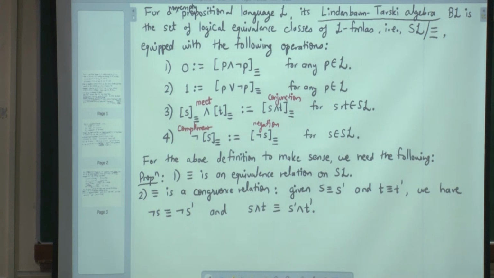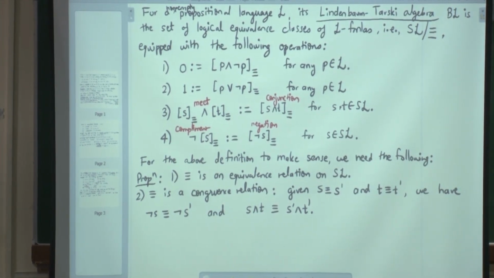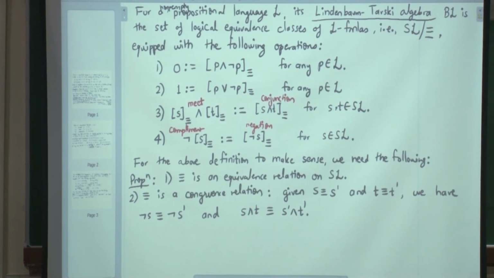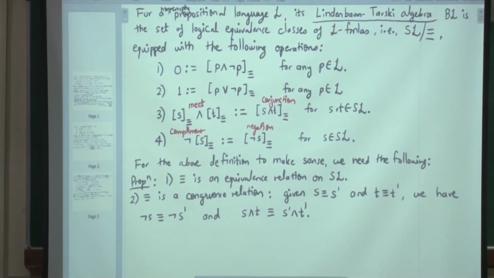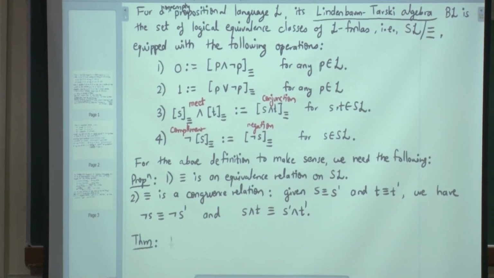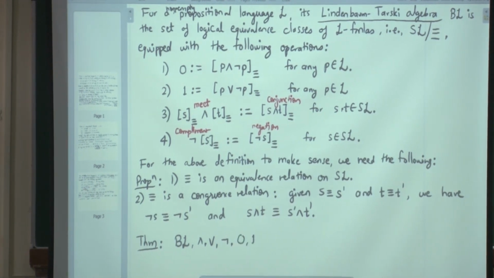Okay, so right now we know the Lindenbaum-Tarski algebra, which we will call BL. So this is in fact a Boolean algebra. Maybe I should write that theorem. Because of this proposition, BL with meet, join, negation, complement, then 0 and 1.